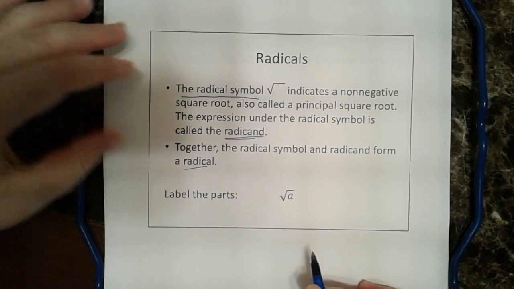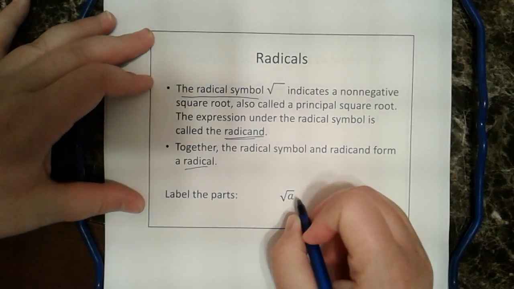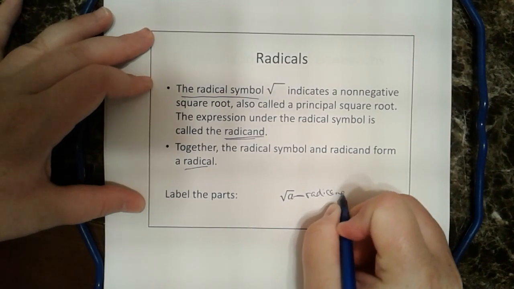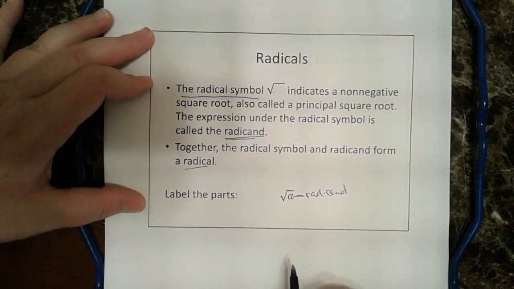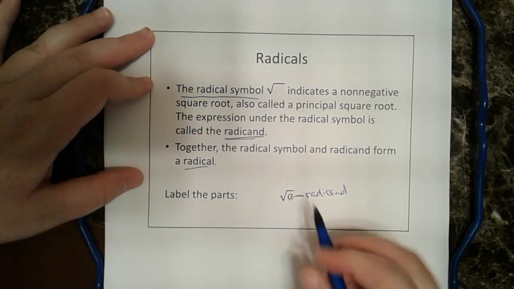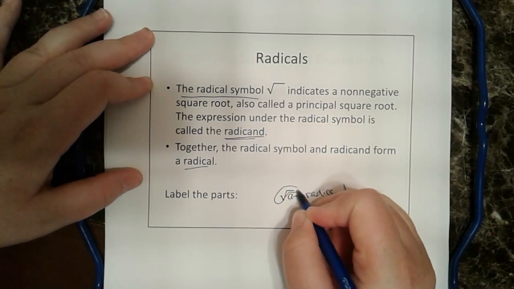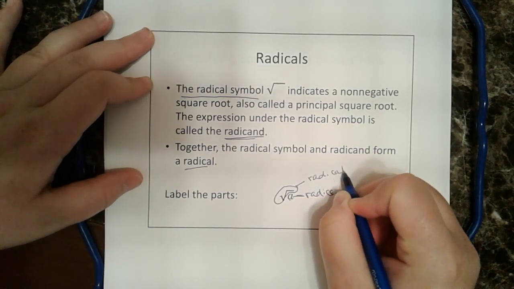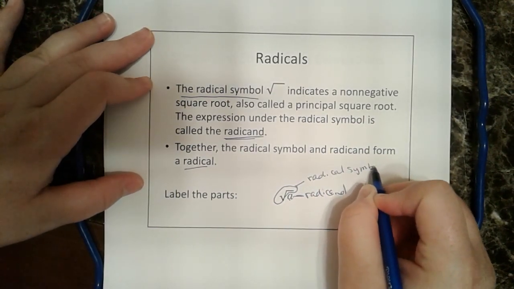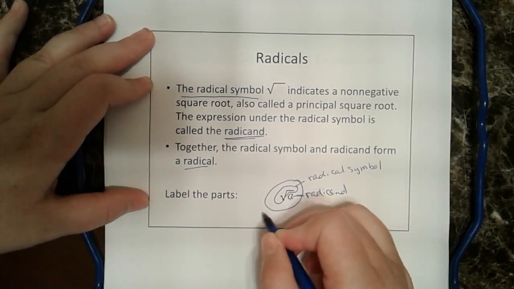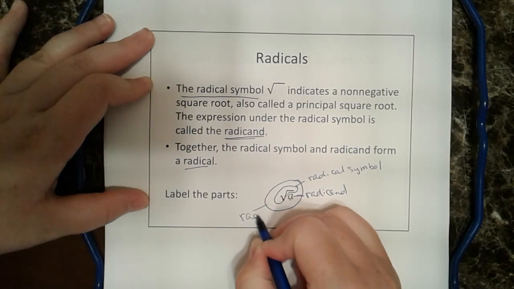Okay, assuming you guys paused the video and you labeled them, you would have said that this is the radicand, right? Because it's inside. You canned it, you put it inside. This is the radical symbol. And this whole entire thing is called a radical.